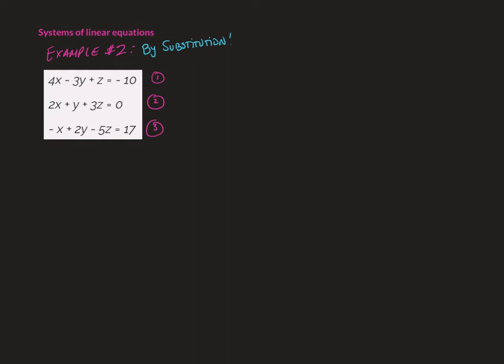For example, I'm going to start with equation 2, and I identify that it's going to be very easy for me to solve for y. So doing that, y is equal to minus 2x minus 3z. And what I want to do now is create 2 new equations by substituting y into equation 1 and into equation 3.